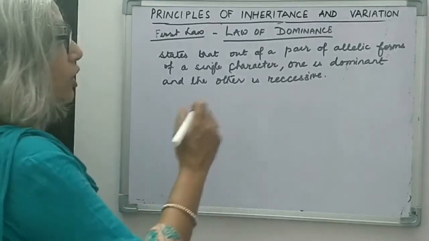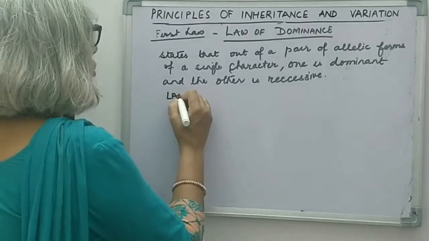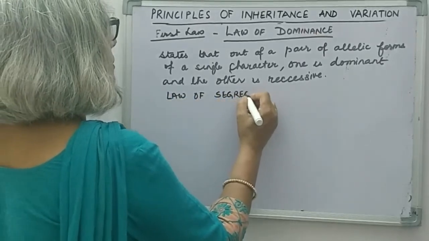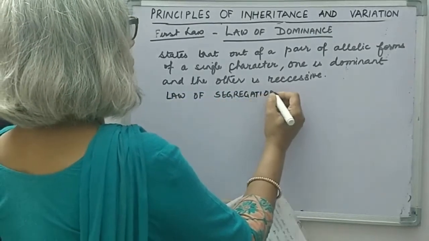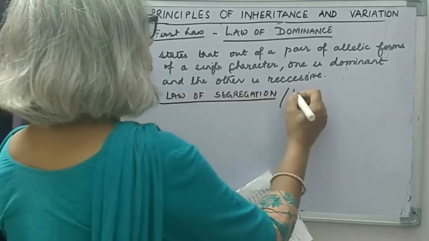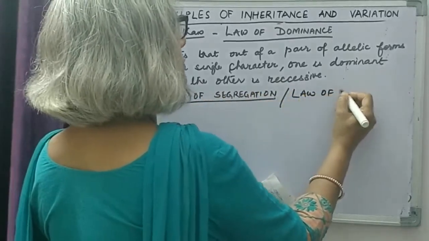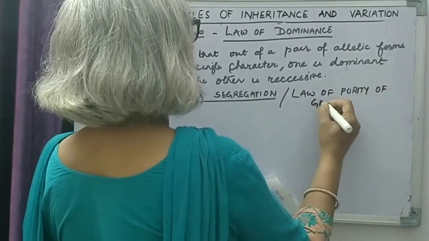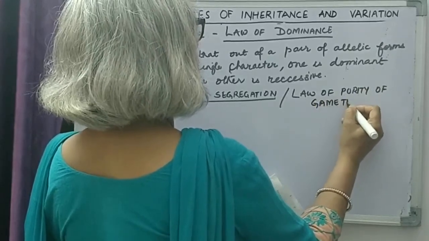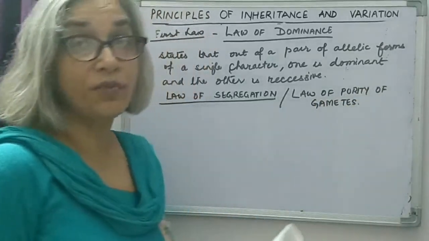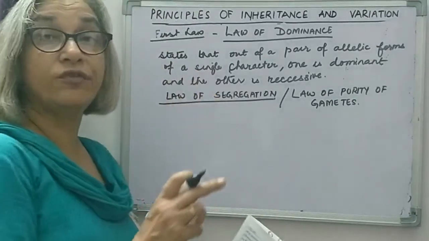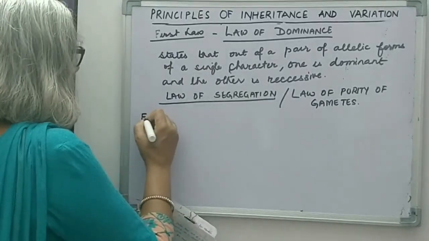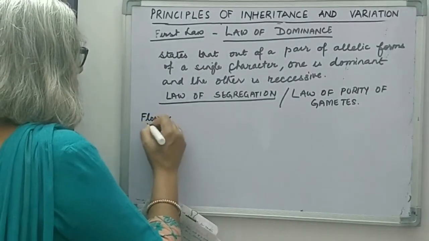Then we come to the second law, that is law of segregation or law of purity of gametes. Now this is also based on a monohybrid cross, inheritance of one gene, but let us take a different example. In this we take the character flower position.